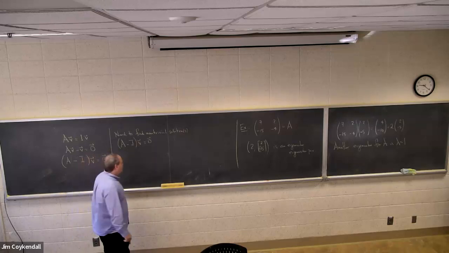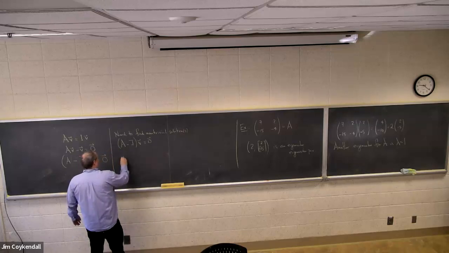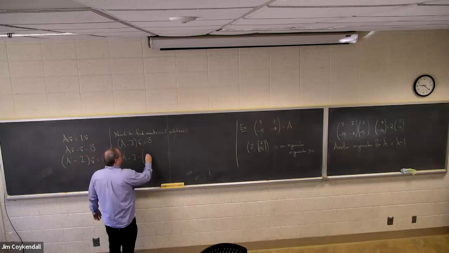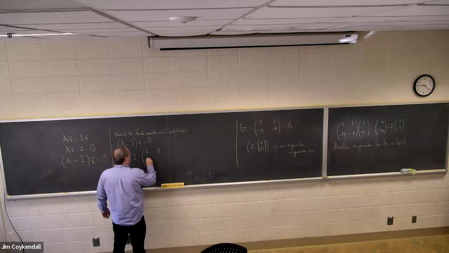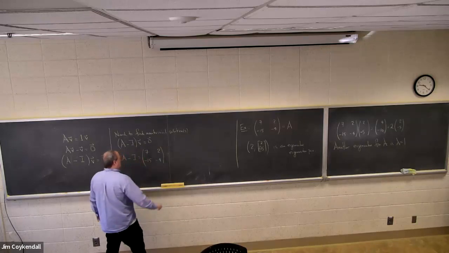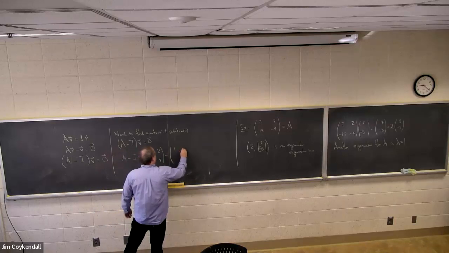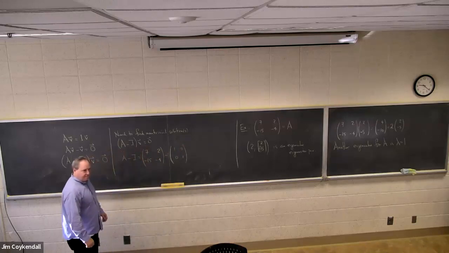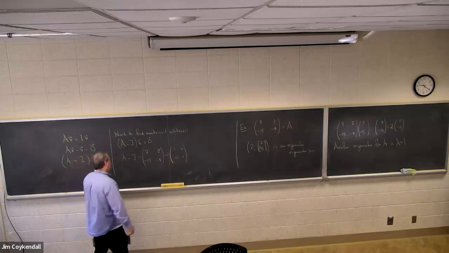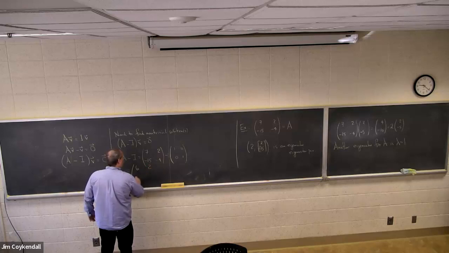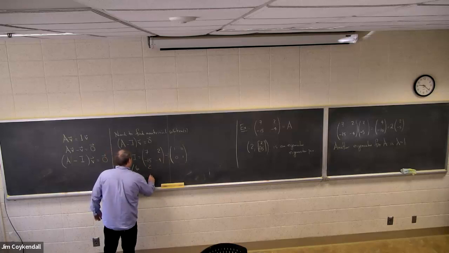Well, what is A minus I? It is 7, 2, minus 15, minus 4, minus 1, 0, 0, 1, which comes to 6, 2, minus 15, minus 5.